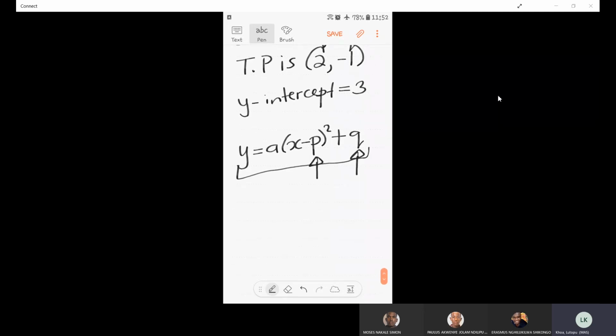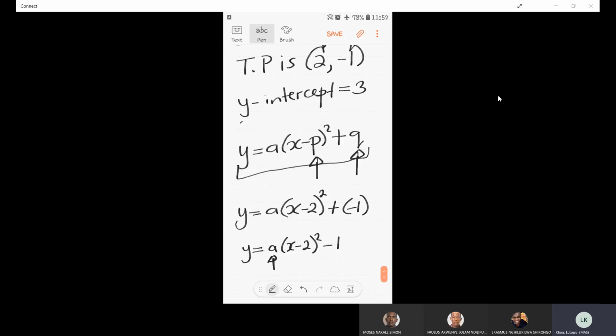Then what we have is y is equal to a, I have (x minus 2) squared plus q, which is minus 1. So rewriting this, this is a (x minus 2) squared minus 1. So this is the general equation. I just need to work out what a is.